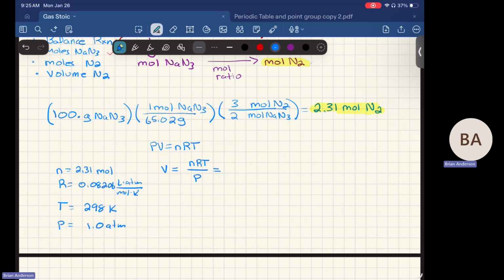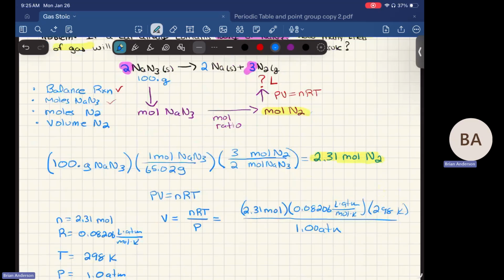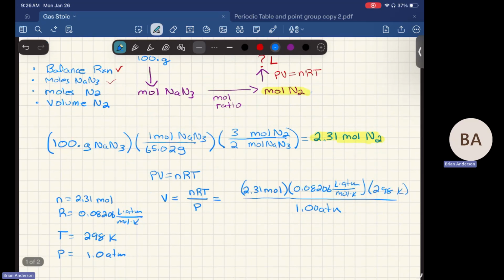We have 2.31 moles times R, 0.08206 liters atmospheres per mole Kelvin, times 298 Kelvin, all over 1.0 atm. There are 2 sig figs.